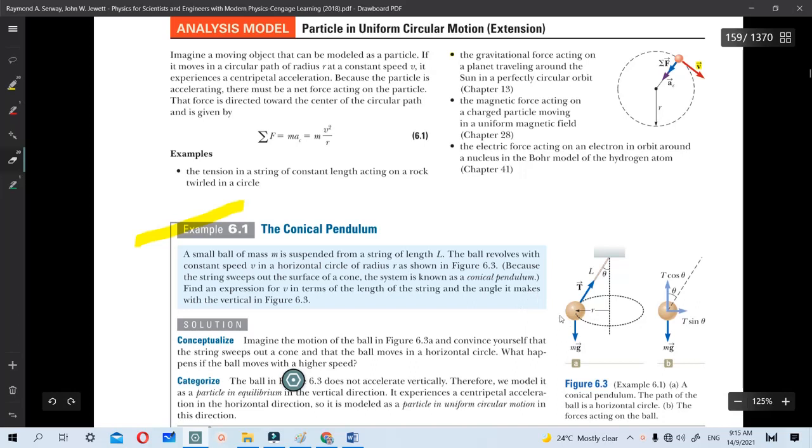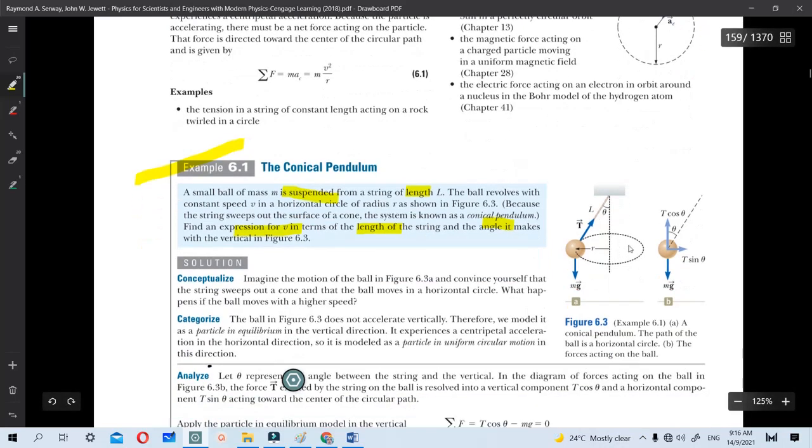Given here, a ball labeled M is suspended by a string with length L, and it revolves with a constant speed in a horizontal circle as shown, with a radius of r. You are to find an expression for V, where the expression should only contain the symbols length L and the angle with the vertical.